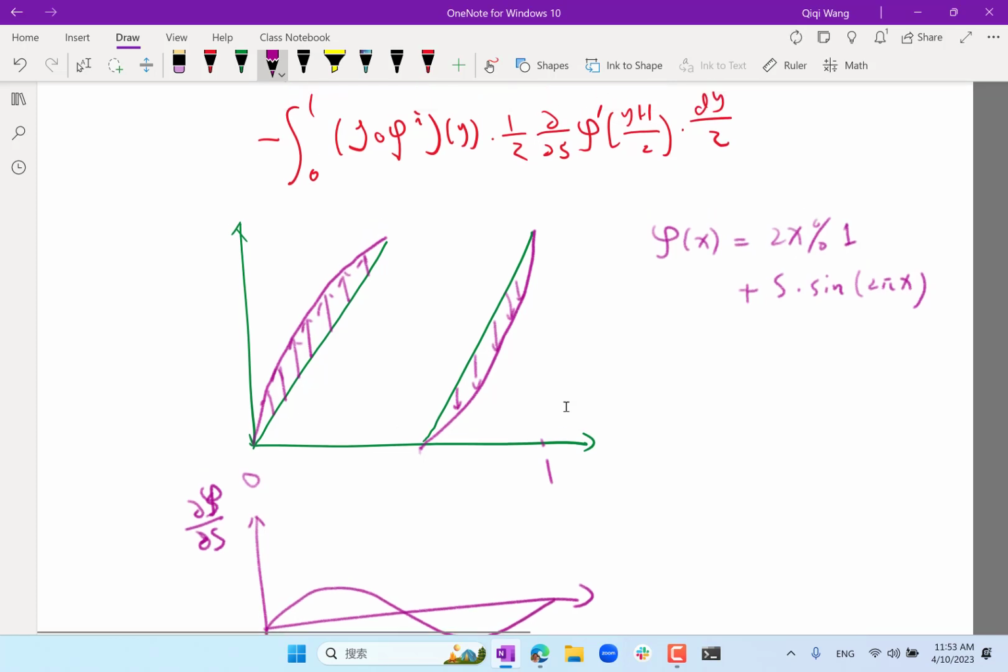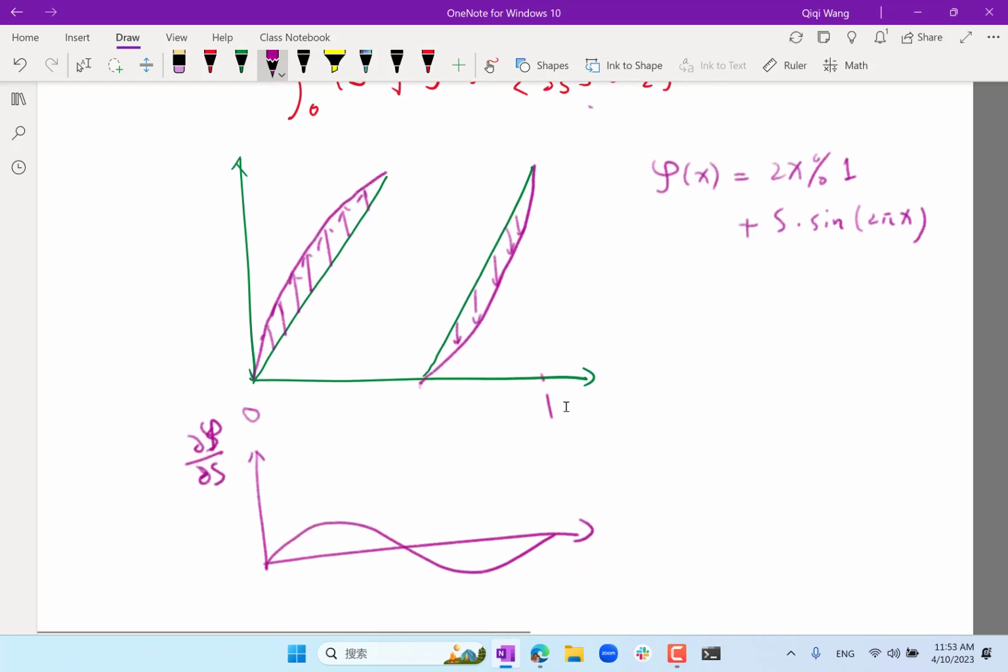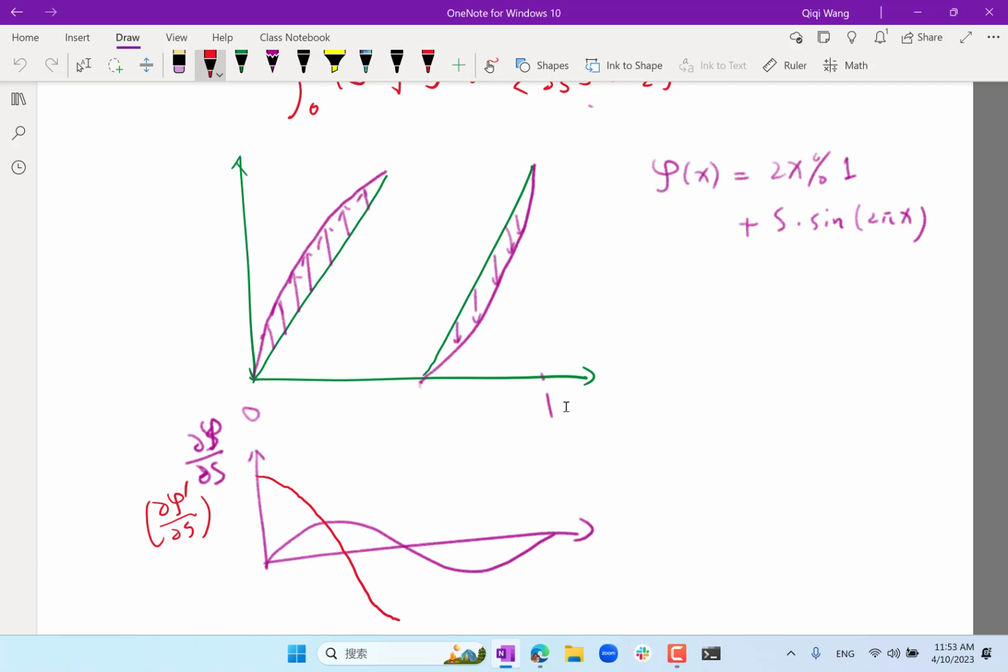And now what is the derivative of partial phi partial s? The derivative is... or it doesn't matter because it's all partial derivative. You can take the prime inside or outside. Okay, the derivative is positive over here, it's 0 here, it's negative over here. The derivative is like this.